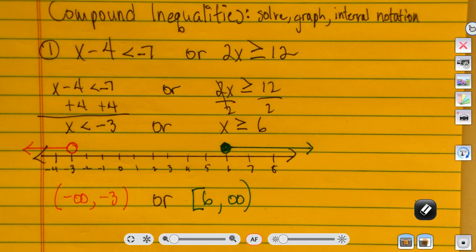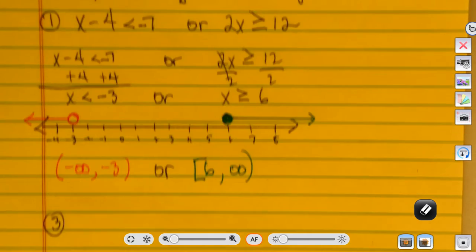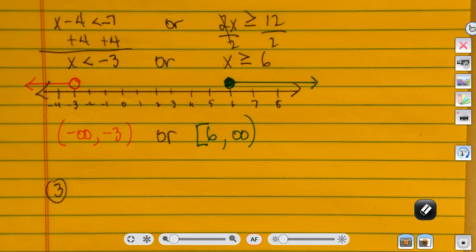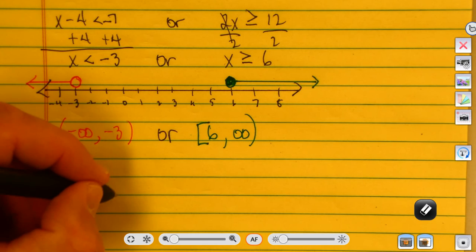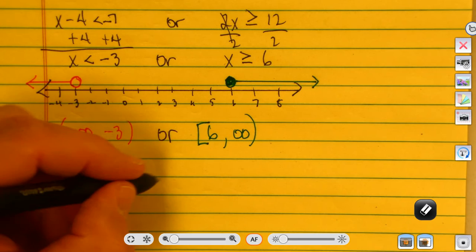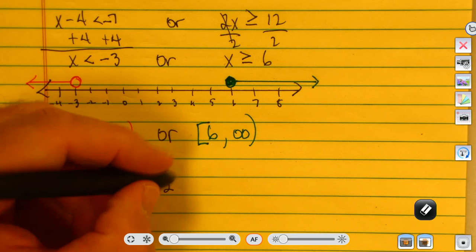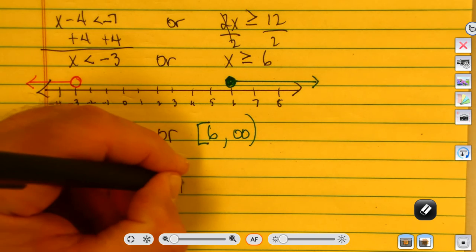I want to give you one more example of an or compound inequality. And if you're looking at what I posted online, I'm going to skip down to number 3. So number 3 is 2x plus 9 is greater than 17. It's a lot better when I write what I say.